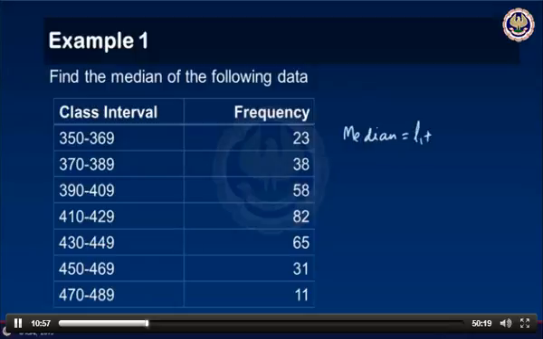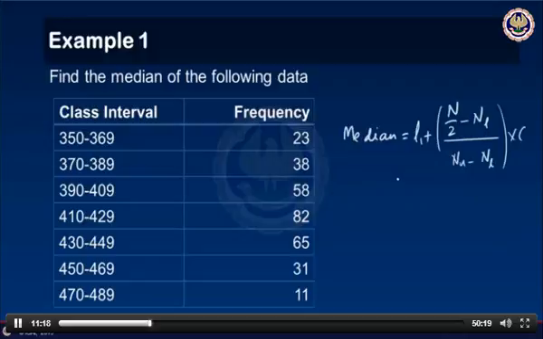Median is equal to L1 plus (n by 2 minus NL) by (NU minus NL) into the length of the class interval.